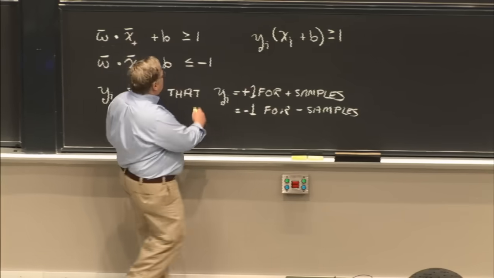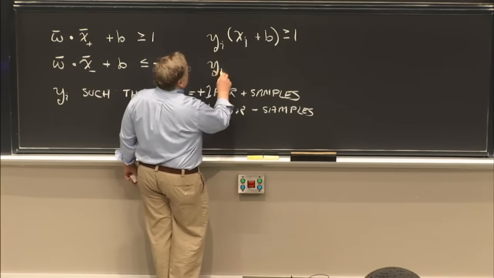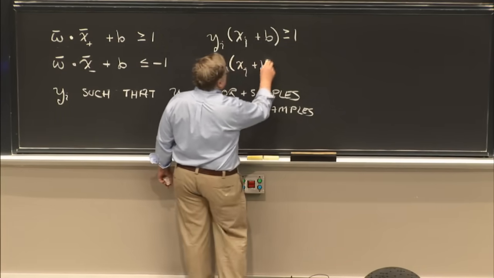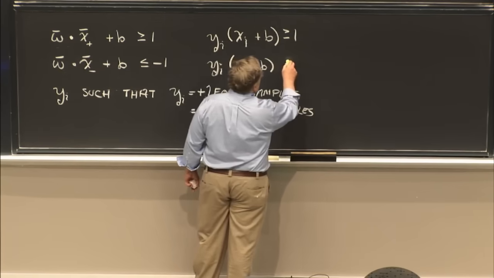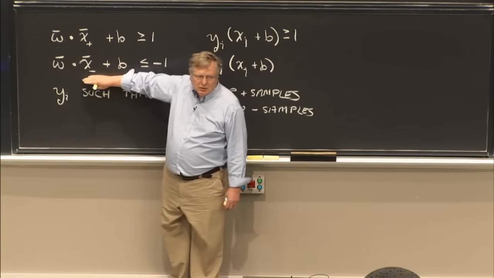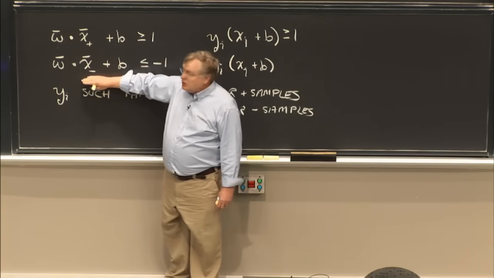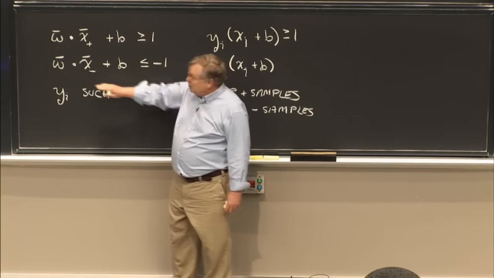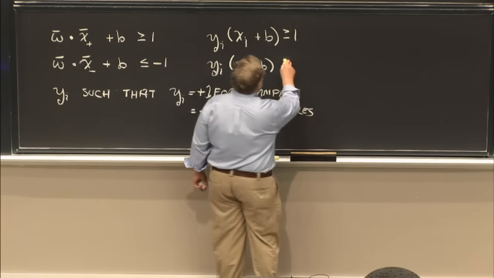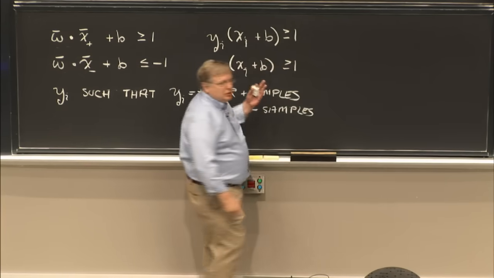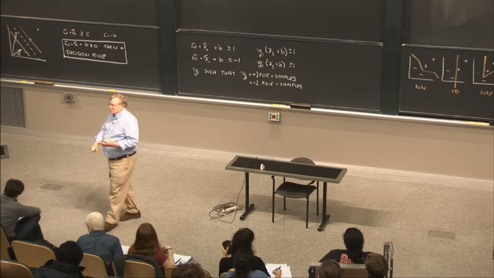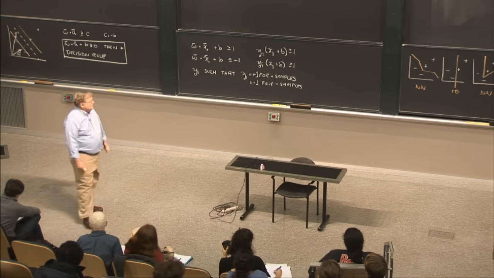So the second equation becomes y sub i times x sub i plus b. And now what does that do over here? We multiplied this by -1. So it used to be the case that that was less than -1, so if we multiply it by -1, then it has to be greater than +1. Oh, oops, the two equations are the same, because of this little mathematical convenience we introduced.